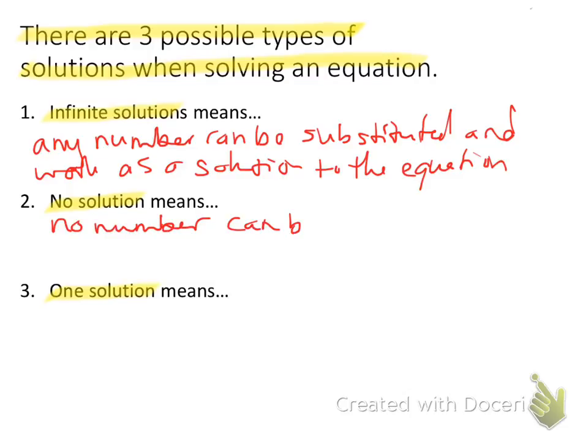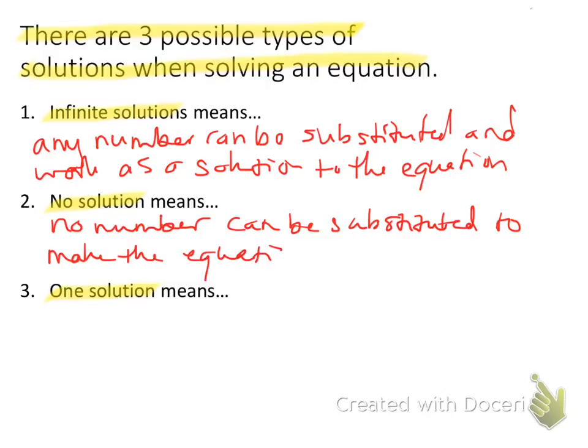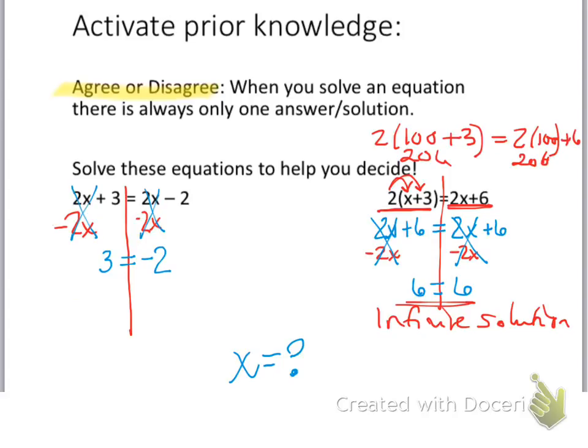The second option, no solution, means no number can be substituted to make the equation true. No number in the entire universe will be a solution.